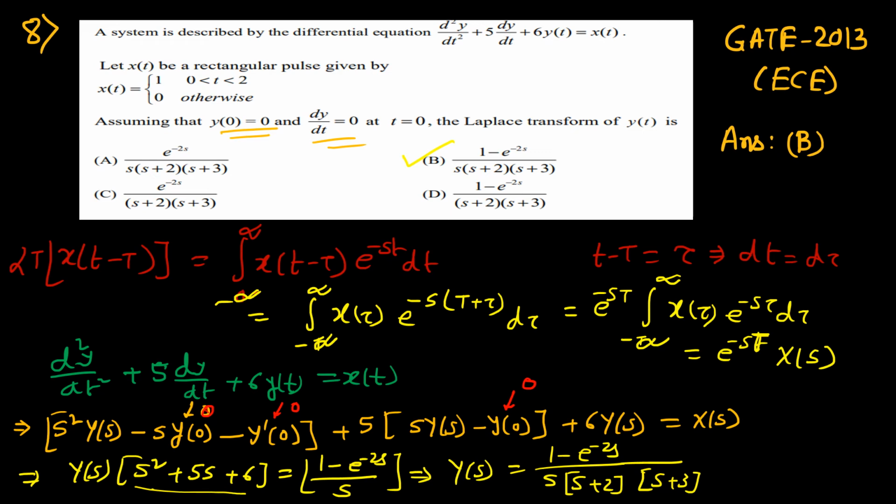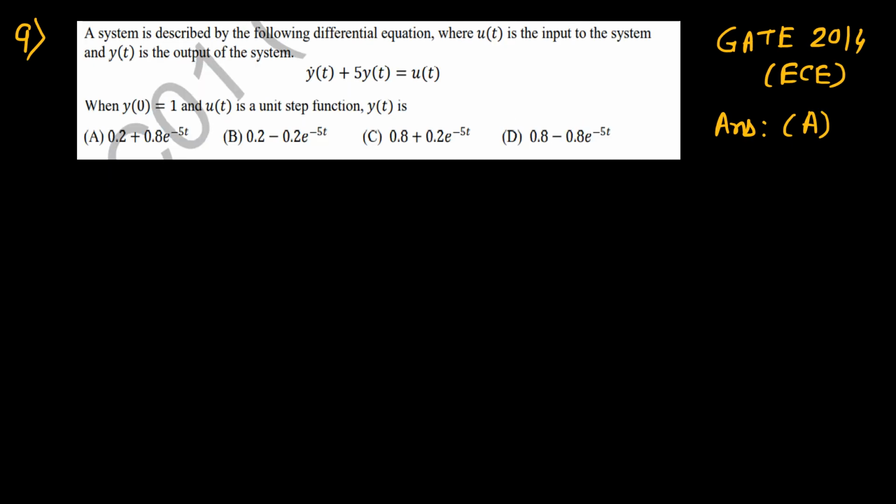Okay, next question number 9. Now again, one differential equation is given, and the initial condition is given as 1, and u of t is the unit step function. Now we need to find y of t. So what we will do, we will first go for the Laplace transform, then again we will take the inverse Laplace.